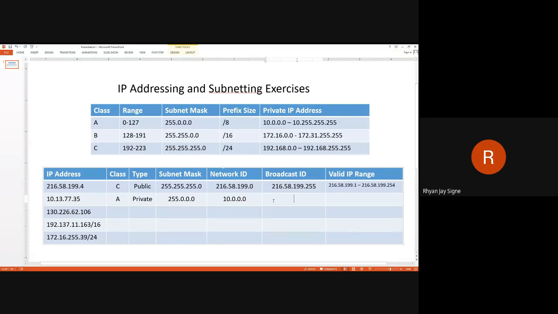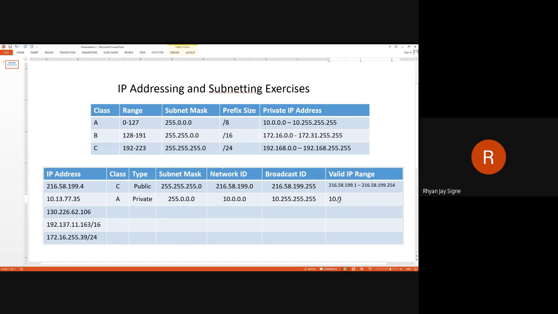So for the broadcast, the first octet is 10, same as the network: 10.255.255.255. If you turn on all the bits, each becomes 255. Again, for the valid IP range, the first valid IP is the network ID plus 1.